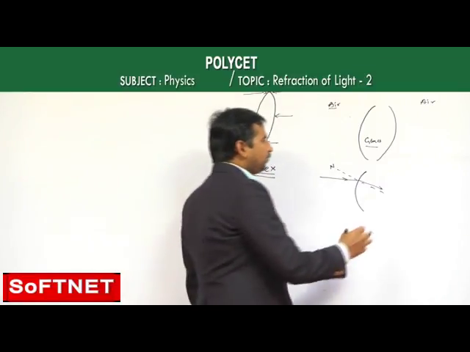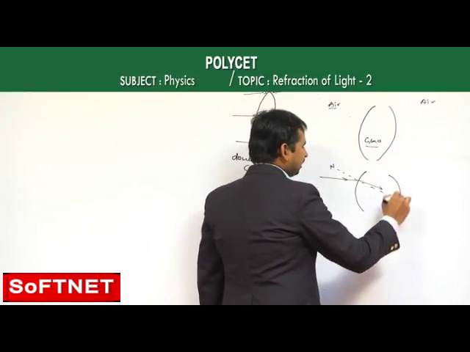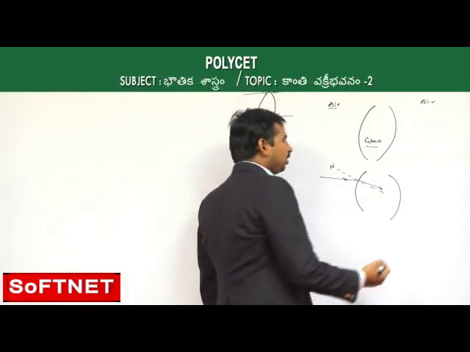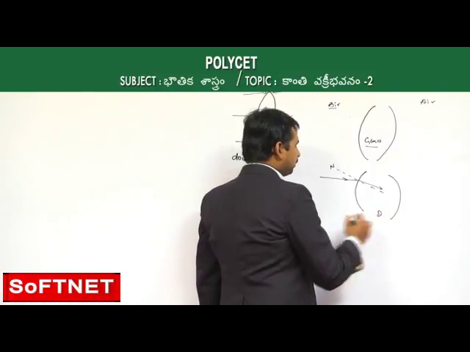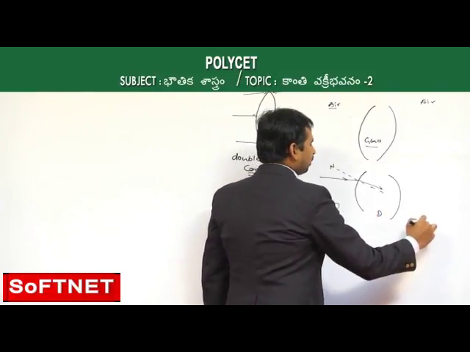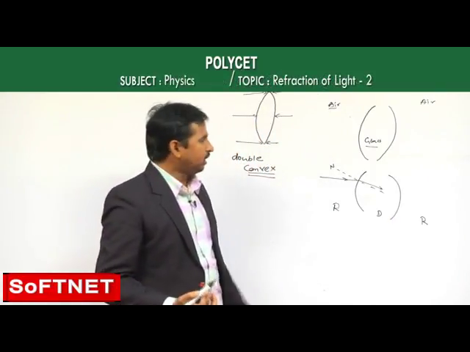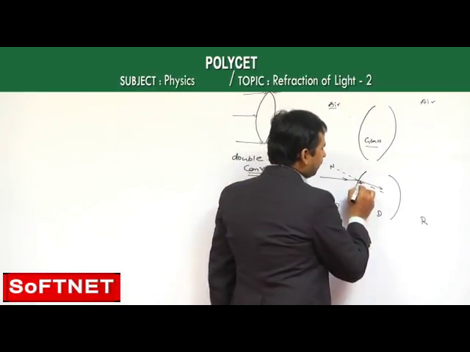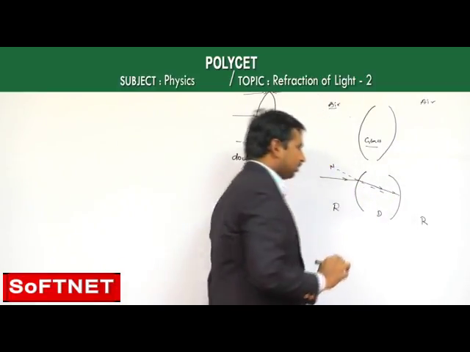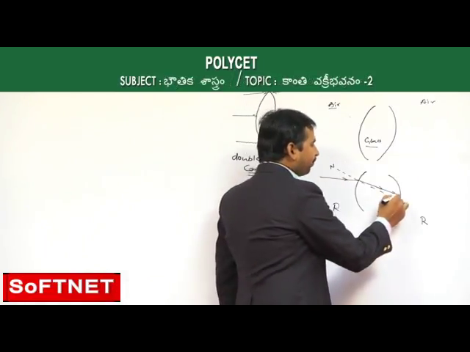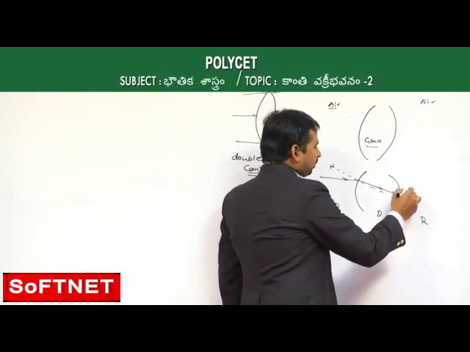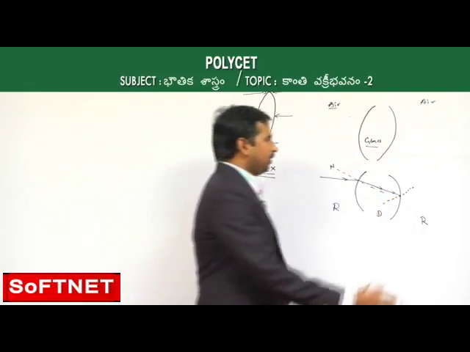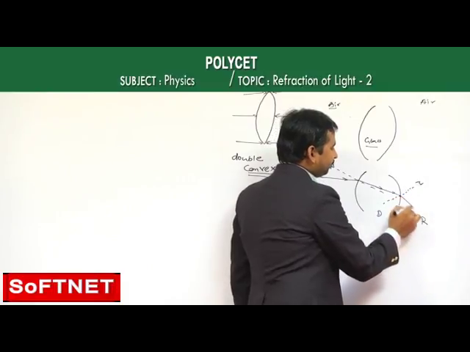Now the light ray which comes from glass back to the air, which means from denser medium to rarer medium, this is denser, this is rarer, and again back to the air, this is again a rarer medium. If the light ray is coming from denser to rarer medium, now the light ray comes down here like this. Now again if you take the normal here for this surface, the light ray bends away from the normal like this.